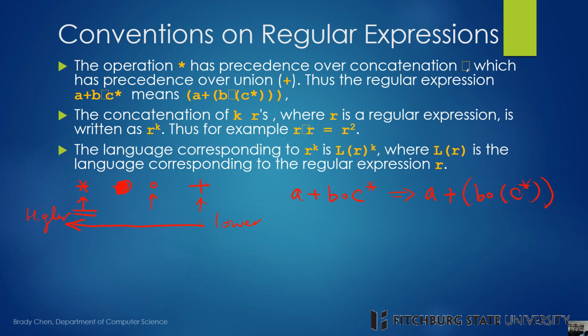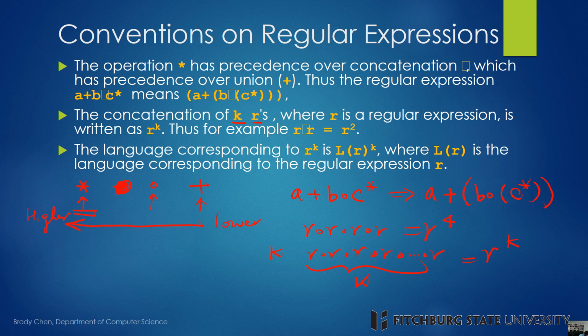If we use the concatenation repeatedly, so the concatenation of k R's, for example 3 R's or 4 R's, where R is a regular expression, then the concatenation of 4 R's is going to be written like R to the fourth. If we have k R's, it's going to be written as R to the k.